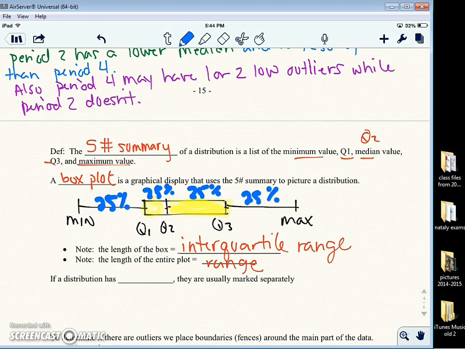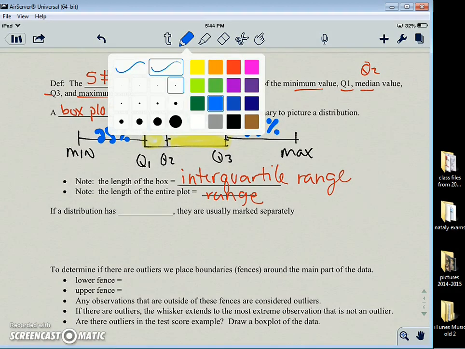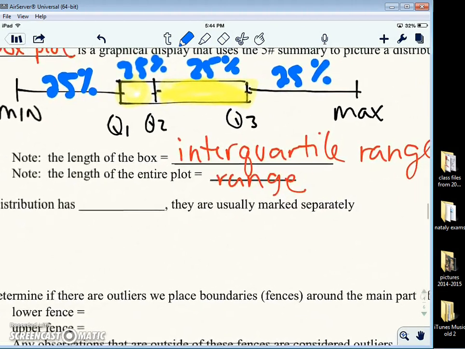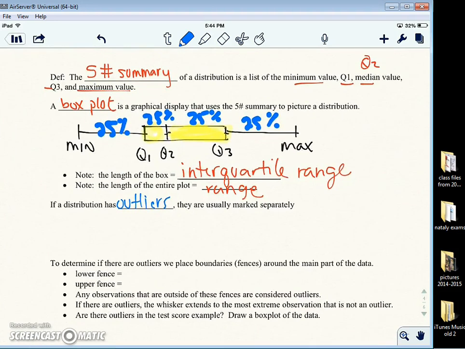All right. If a distribution has outliers, they are usually marked separately. So if we had outliers, we would actually mark them like this, okay? And that's called a modified box plot.